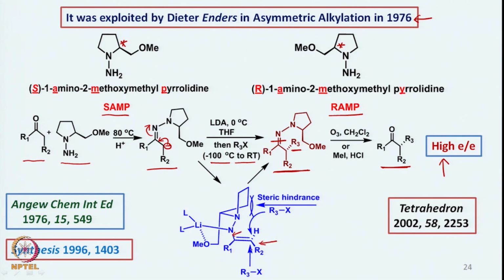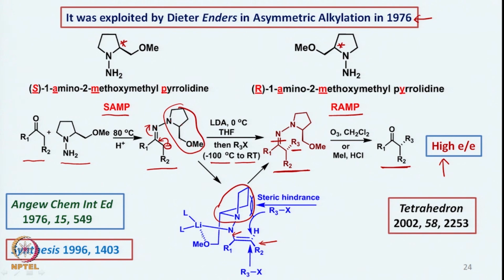If we look at the same thing and orient this particular part, we turn it around and put it in such a way that there is a chelation of this nitrogen with lithium and the methoxy group. So you have nitrogen, nitrogen, carbon, carbon, oxygen, and the same thing is here. The only thing is that LDA provides lithium and of course the other ligands attached to it in this fashion.